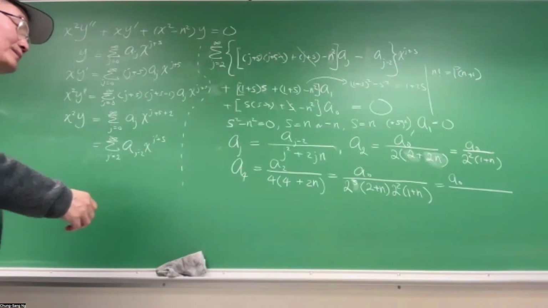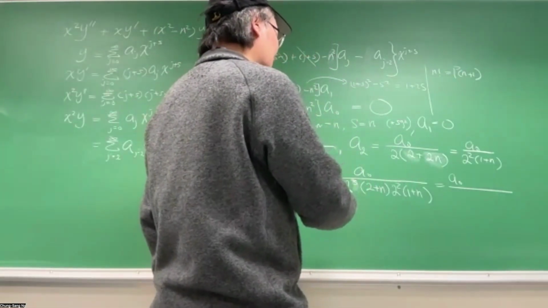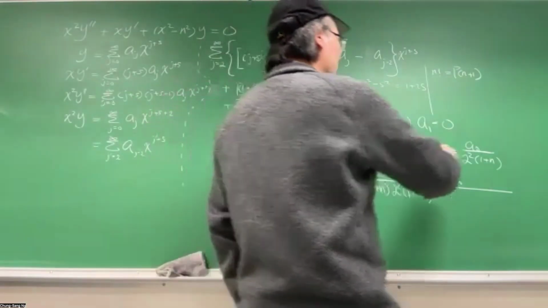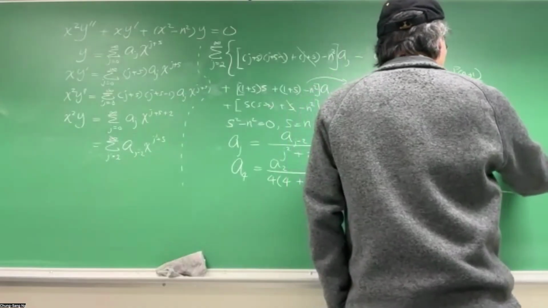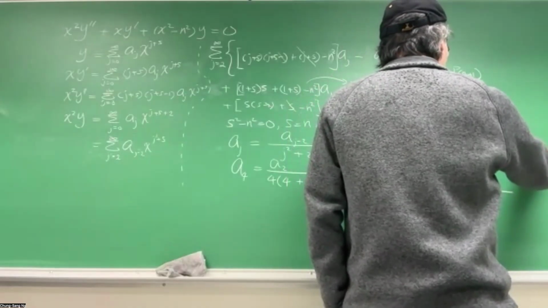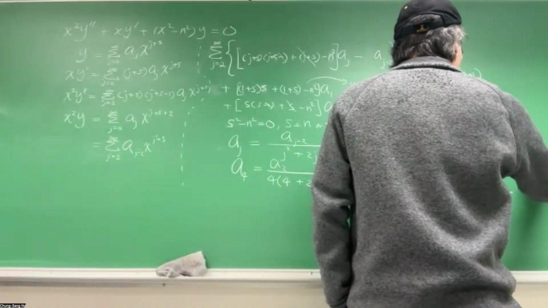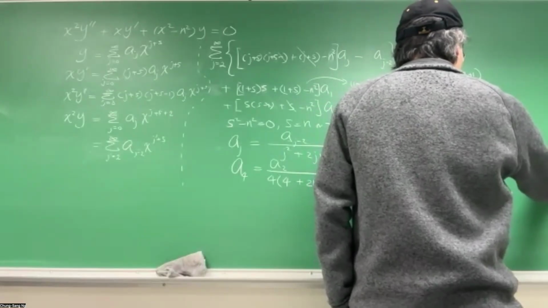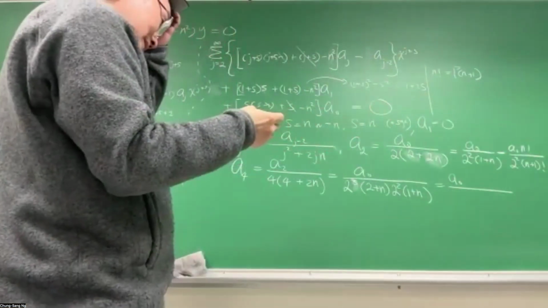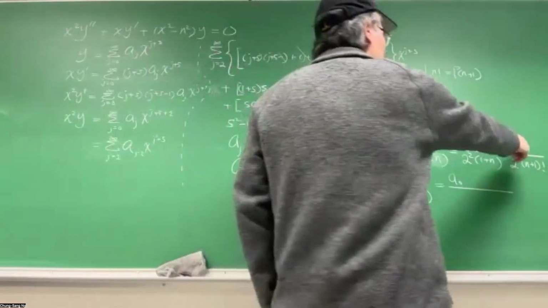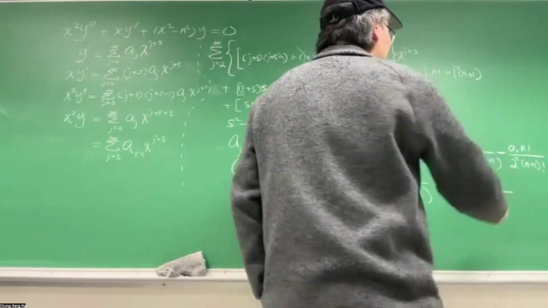right? So we'll still use factorial first, and then you see that if you write a sub 0 times n factorial over here, and 2 squared, that will be n plus 1 factorial. That will cancel n factorial from here, then you get 1 over 1 plus n here.